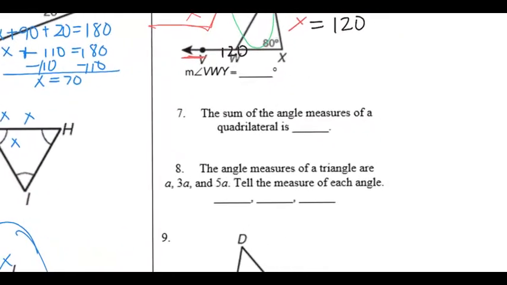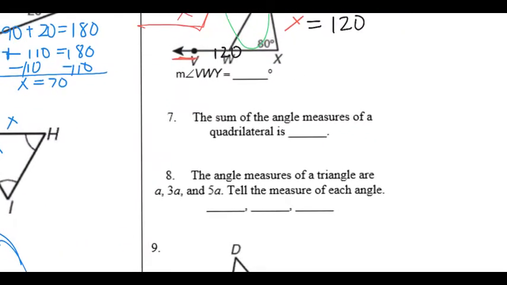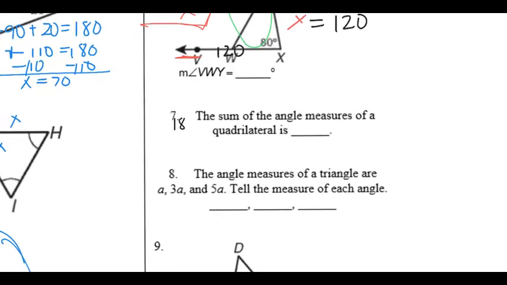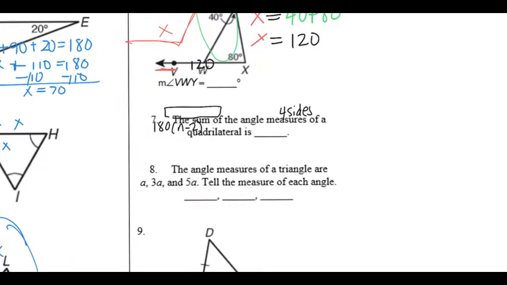Number 7. For number 7, we need to use the Polygon Sum Theorem, which says that I can multiply 180 times n minus 2. Now, I know the number of sides is a quadrilateral. A quadrilateral has 4 sides, and that means that is my n value. 4 equals n.